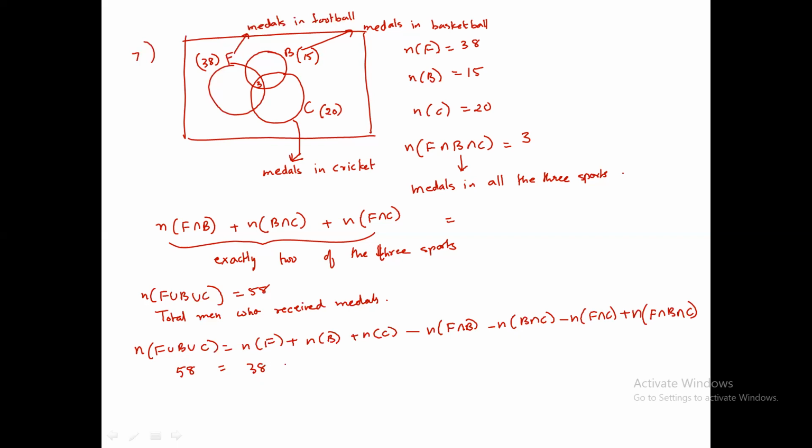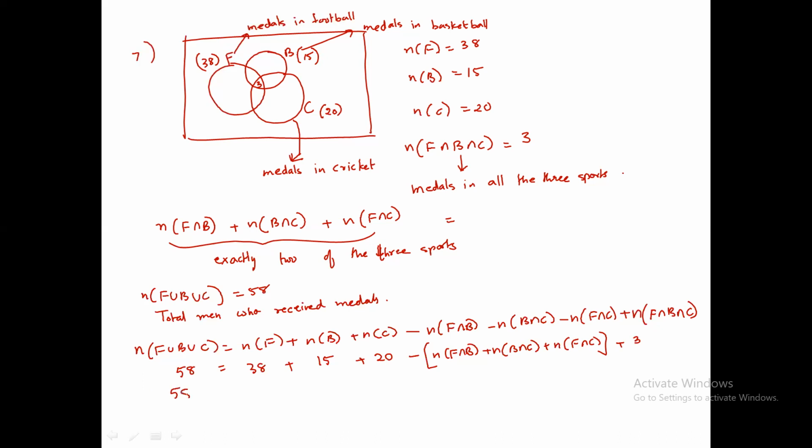N of F 38. N of B 15. N of C 20. I will take minus the common from n of F intersection B, n of B intersection C, and n of F intersection C, whereas n of F intersection B intersection C is 3.